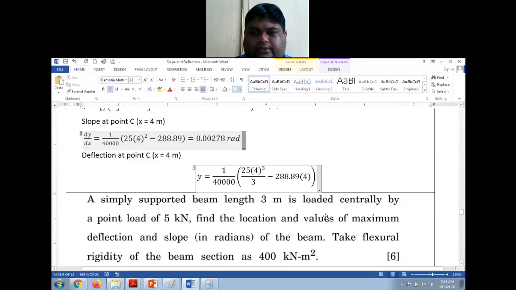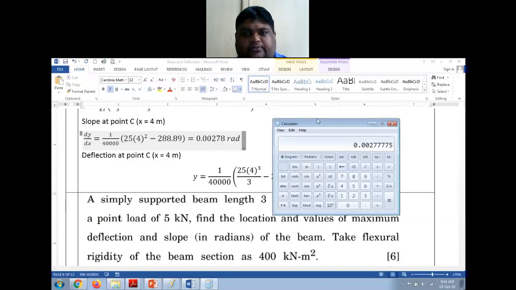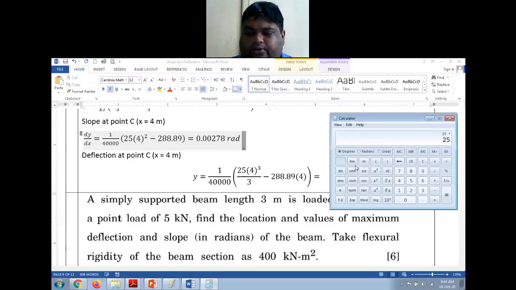Okay. So this is the deflection. That is equal to 25 into 4 cube minus 288.89 into 4. So this is a positive deflection.